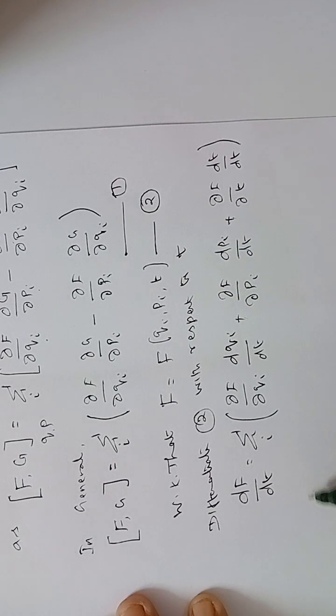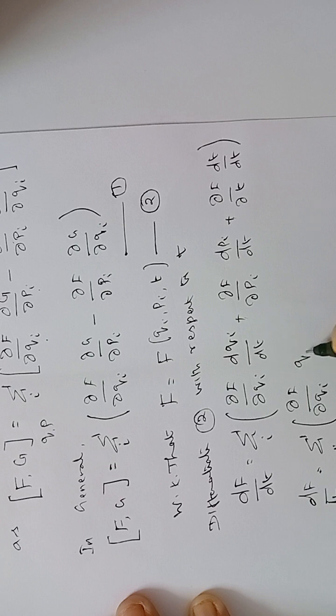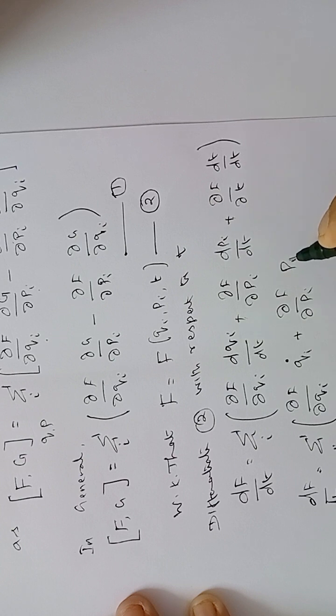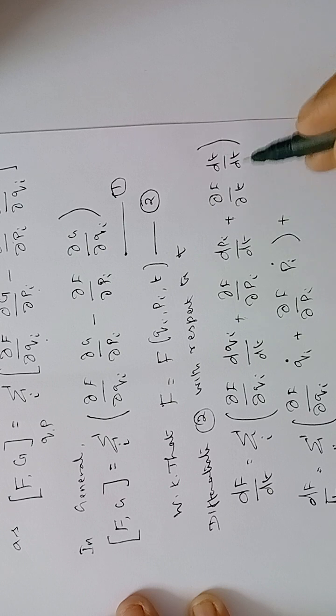Then df by dt is equal to the summation over i of dou f by dou qi, and dqi by dt is nothing but qi dot, plus dou f by dou pi, and dpi by dt is nothing but pi dot, plus dt by dt is 1, so the remaining term is dou f by dou t.